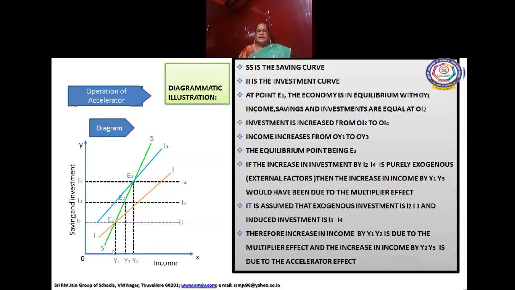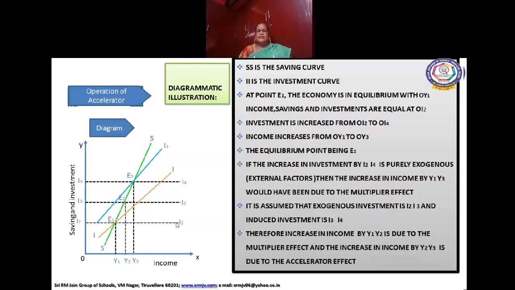If this is because of the multiplier effect, it is assumed that exogenous investment is I2 and I3, and induced investment is I3 and I4, so induced I2 to I4 is increased. Clear?